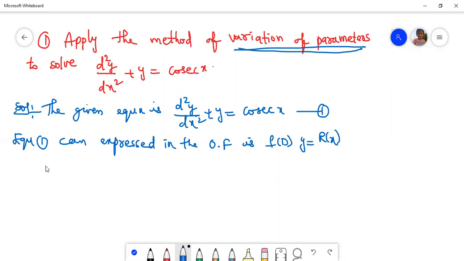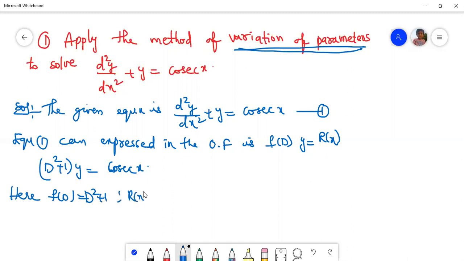But here this is D square plus 1 into y is equal to cosec x. Here f of D is equal to D square plus 1, r of x is equal to cosec x.